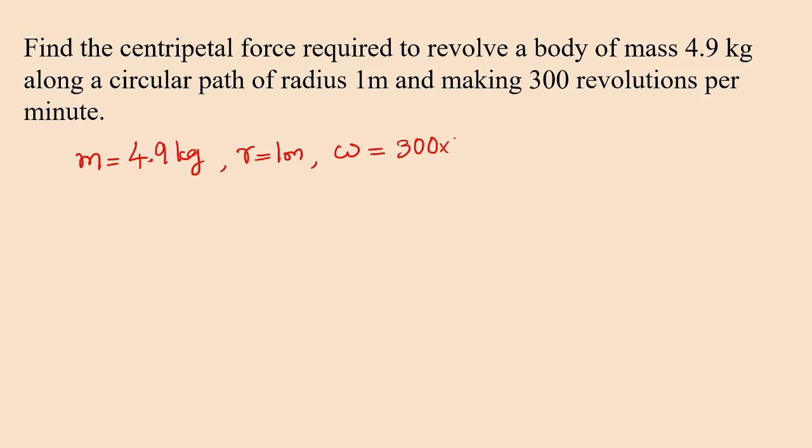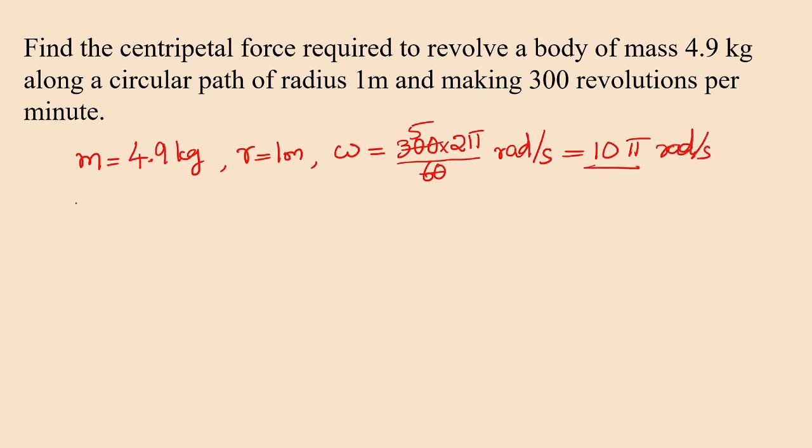So in 1 minute the angular displacement is 300 into 2 pi. So in 1 second the angular displacement is 300 into 2 pi divided by 60. So that is in radian per second. So you can do this. So angular velocity will be 10 pi radian per second.